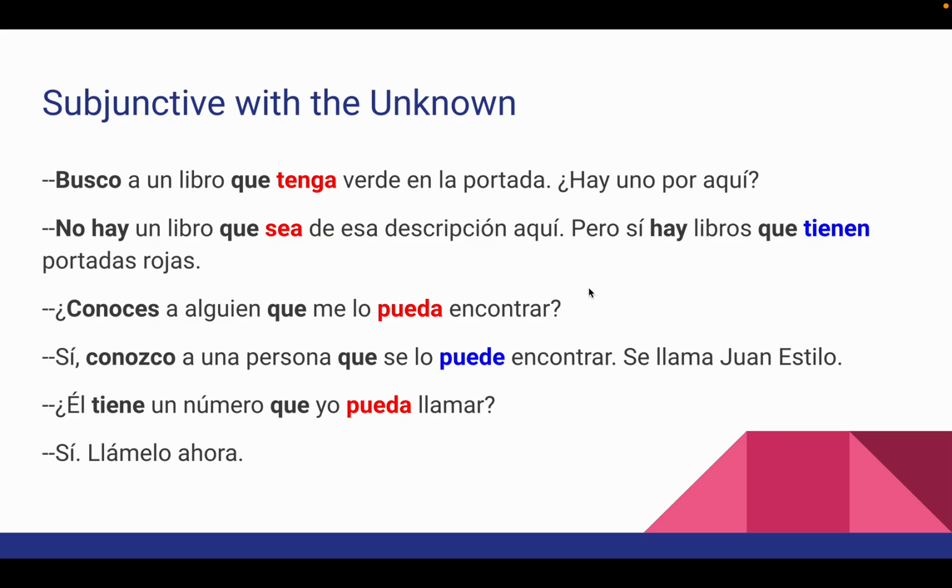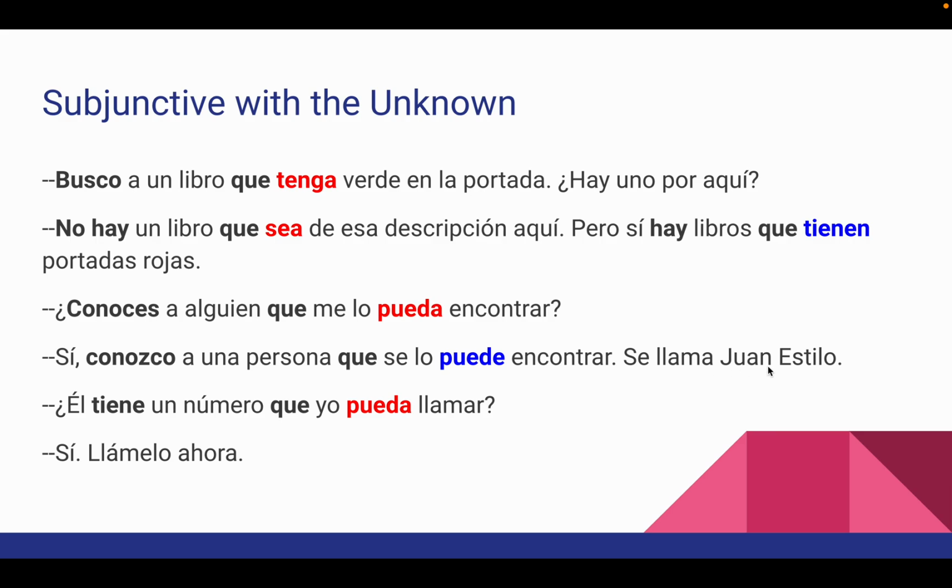¿Conoces a alguien que me lo pueda encontrar? So conoces que, and that triggers the subjunctive, pueda. Do you know someone that could help me find it? Sí, conozco a una persona que se lo puede encontrar. I know a person who can help you find it, who can find it for you. And that, because I definitely know that person exists, it's the indicative.